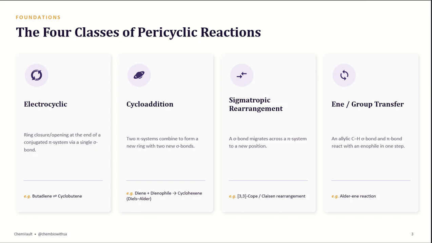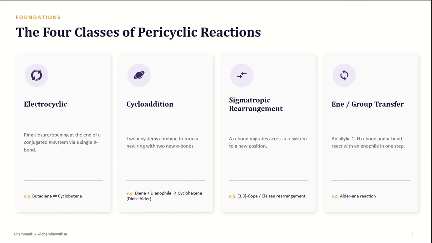And finally, the ene reaction, a group transfer reaction, involves an allylic C-H bond and a pi bond reacting with an enophile all in one concerted step. Keep these four boxes in your head. Every question in this topic falls into one of them.